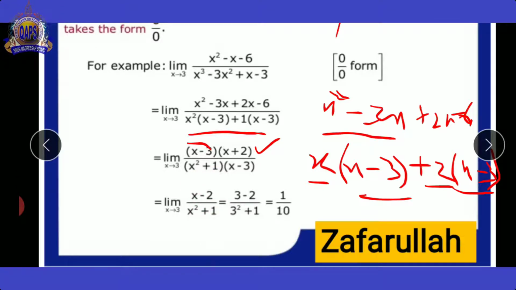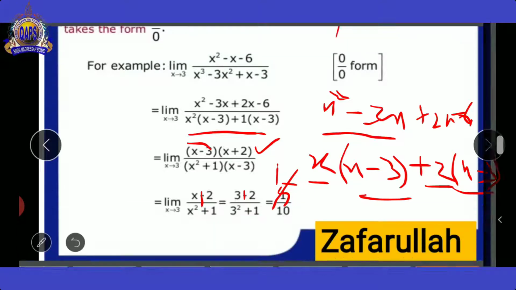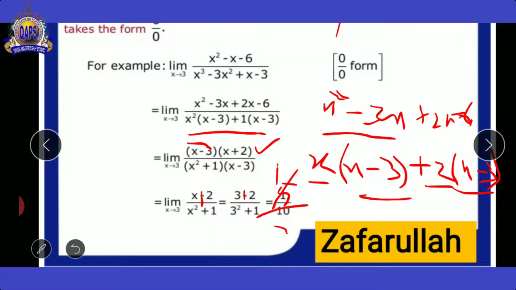So when we apply the limit x equals 3, the outcome will become 5 upon 10, and this 5 upon 10 will reduce to 1 upon 2.